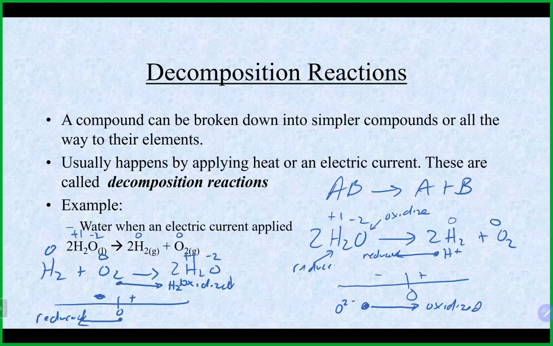So that's how you know these are really just opposites of each other, a synthesis and a decomposition reaction, because going one way when you put it together, the hydrogen gets those electrons back to remake it back to where it started from. So they're definitely reverses of each other. Any questions on that?